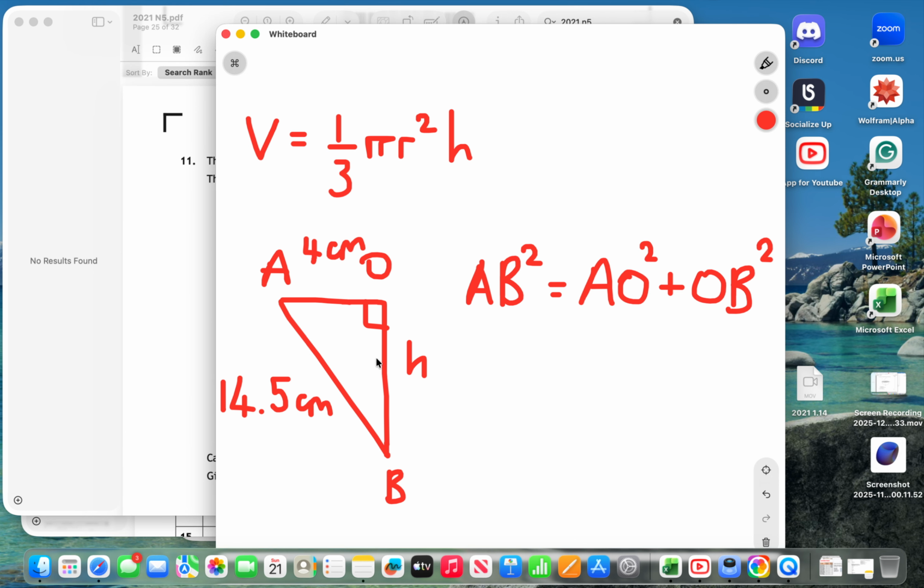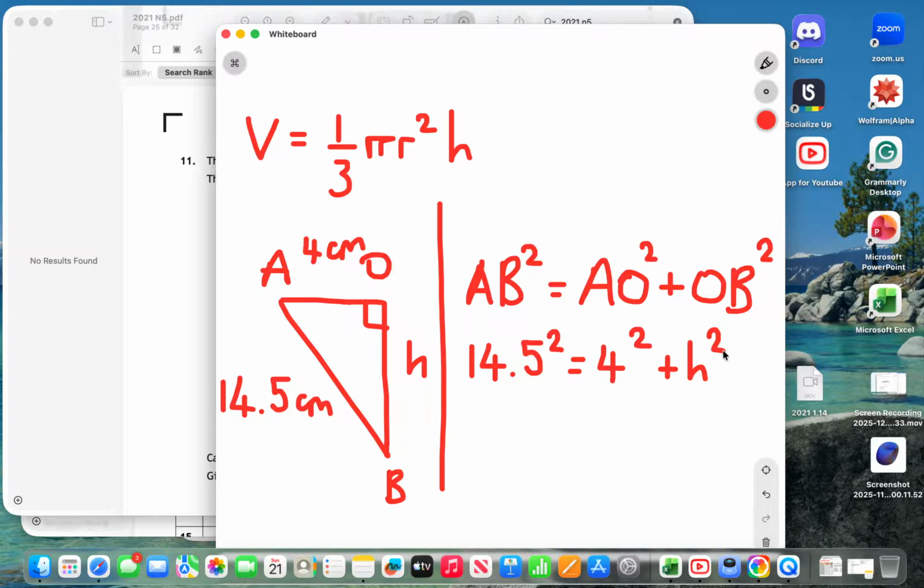So AB squared is 14.5 squared equals 4 squared plus h squared. If you take away 16 from either side and swap, you get h squared equals 14.5 squared take away 4 squared.